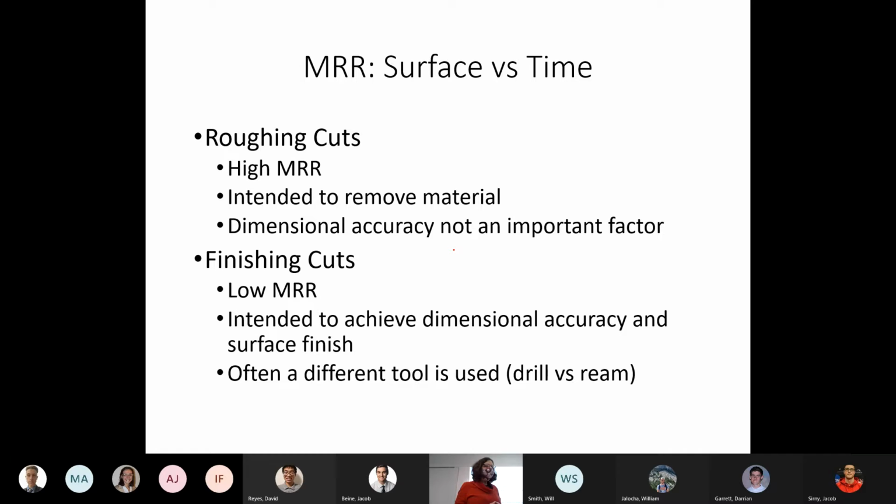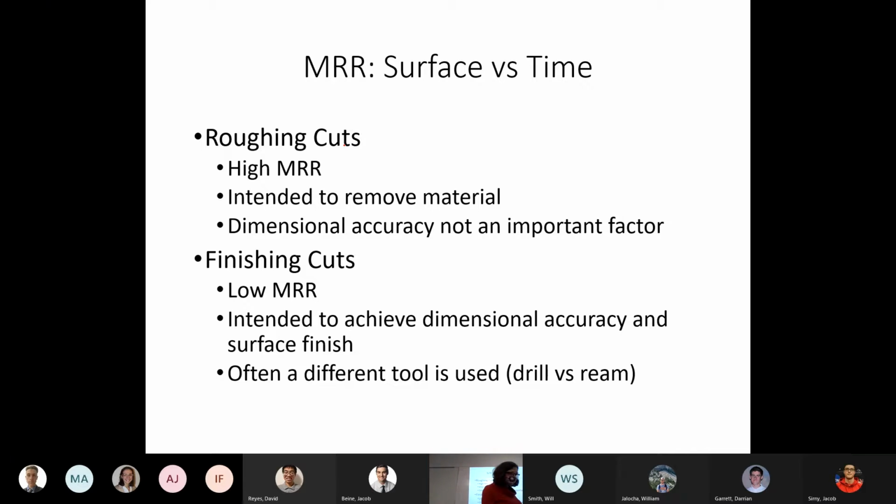A lot of times, and I believe it might have been mentioned in one of the videos and in our textbook, we tend to have roughing cuts, where we want a very high material removal rate. We just want to remove the material and get the basic shape, where dimensional accuracy is not really a factor.